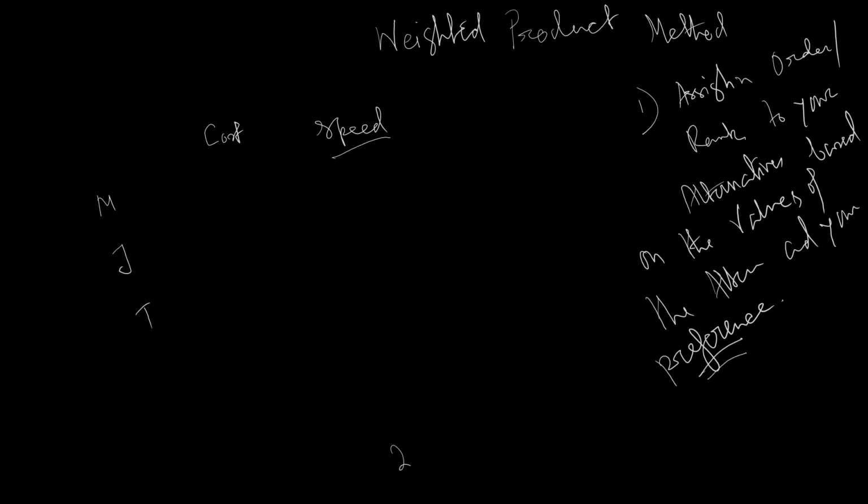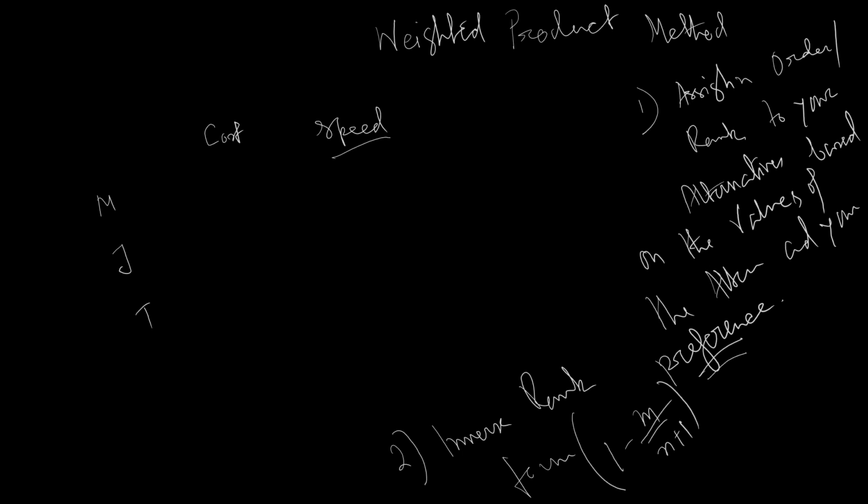Then, as you know, in the second step, you will apply the inverse rank formula, which is 1 minus m by n plus 1, where m is the order of the alternative, and n is the total number of alternatives. After doing that, for the weighted product method, the way we apply the aggregation method is different compared to that of the weighted sum method.